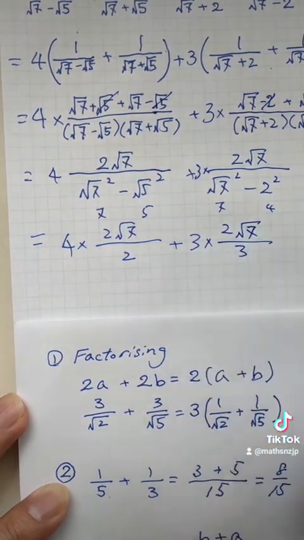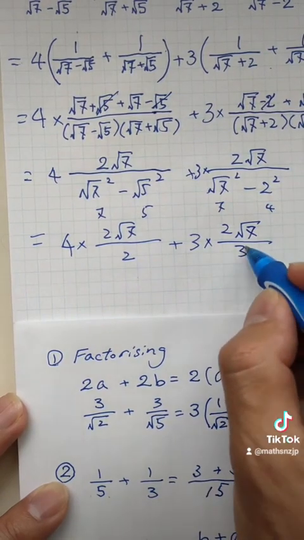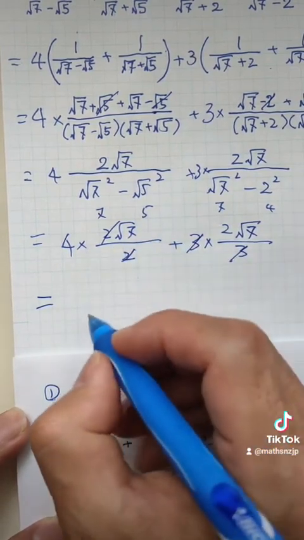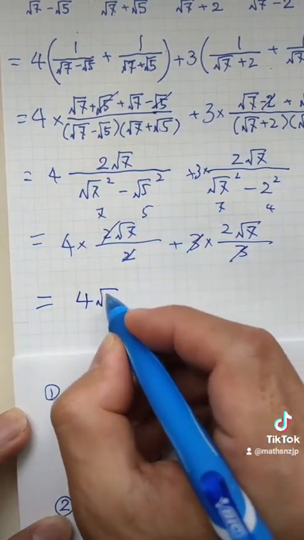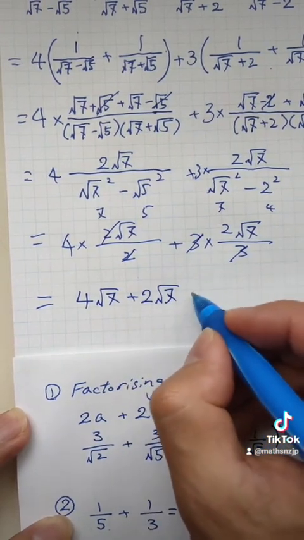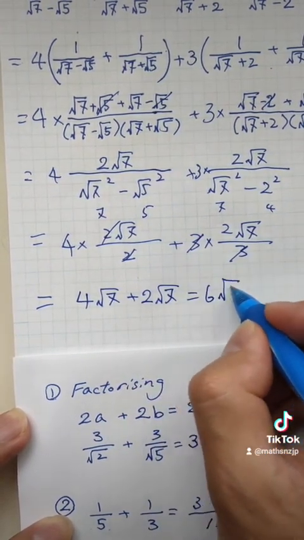It's gonna be like this, right? Then you can cancel this one away. So this part is gonna be 4 square root 7 plus 2 square root 7, which is 6 square root 7.